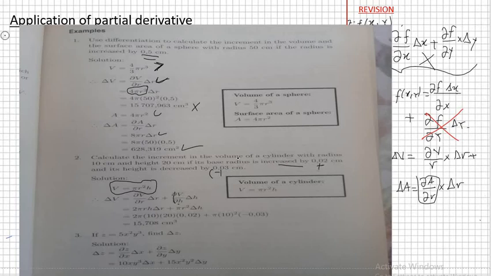If we have more than two variables, for instance another variable z, then we add the partial derivative of the volume with respect to z multiplied by the change in z. So we can add as many terms as they are given.